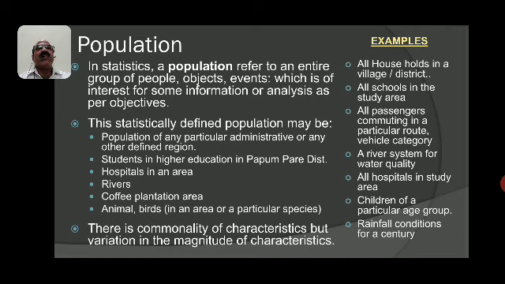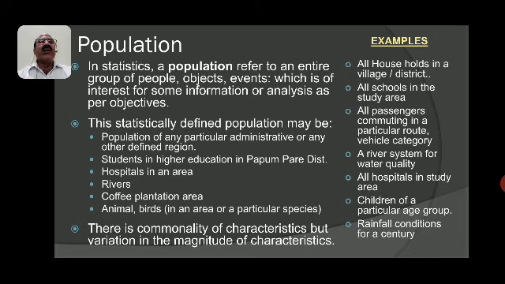Then the rivers. Suppose you want the water quality, then you will be sampling from all the rivers, or you can take a few sample rivers. Then coffee plantation area. What are the places where coffee is being transplanted or plantation crop going on? Then animals, birds, for a particular area, say the Lohit district or Tawang district.